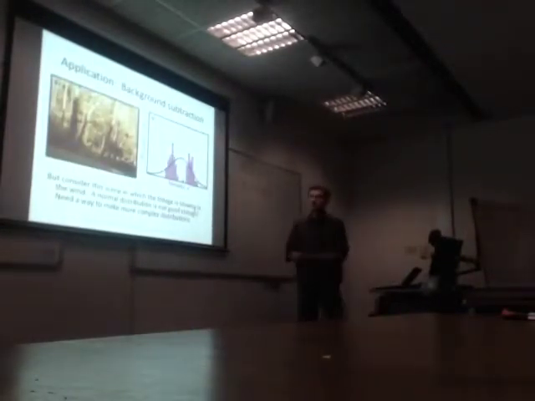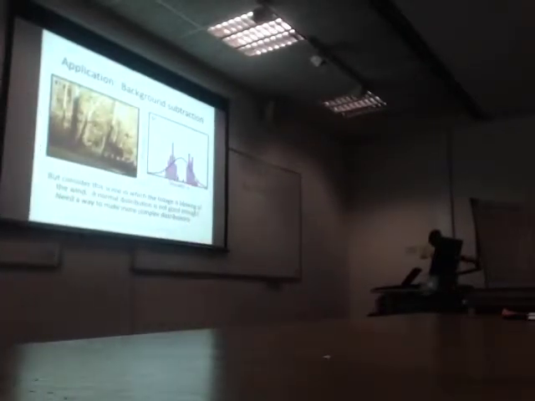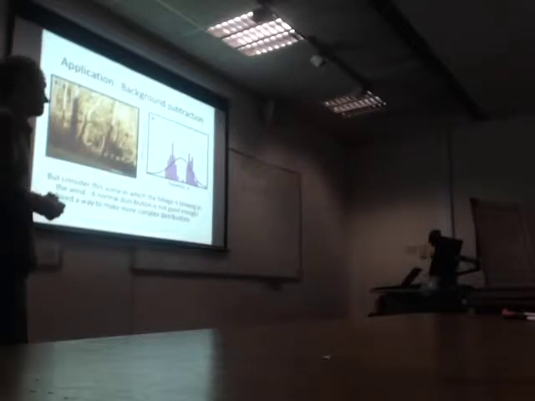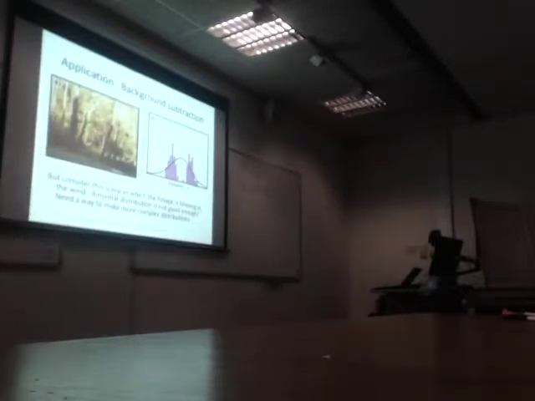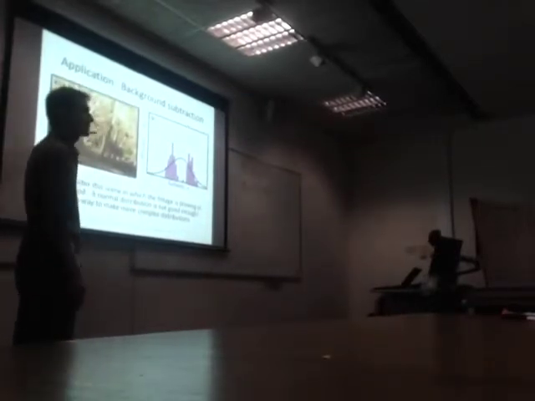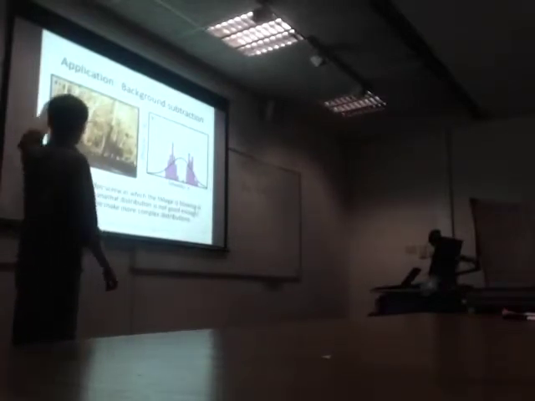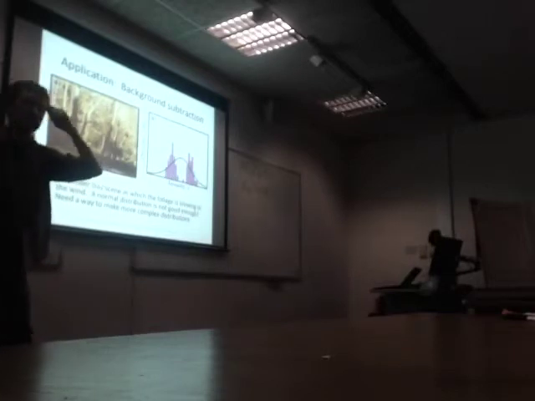I will motivate chapter 7 by giving you this example. If you want to do background subtraction, this type of problem comes up all the time when you want to do segmentation. You want to say, I've got a CCTV camera, I'm observing a scene, I don't expect much to change in the scene except when somebody walks in or a squirrel comes in to steal seeds from my bird feeder.